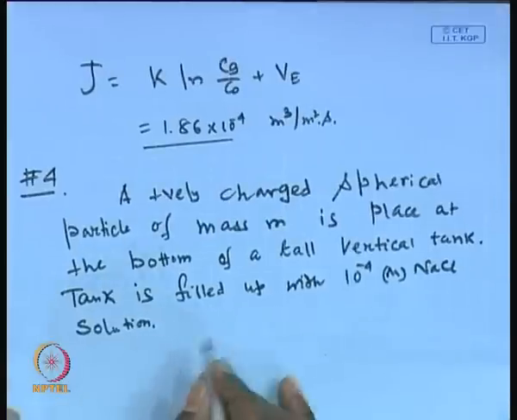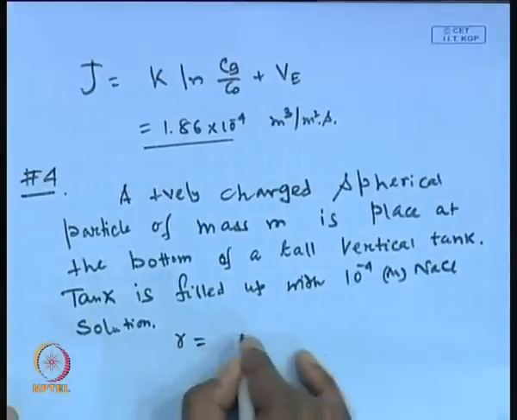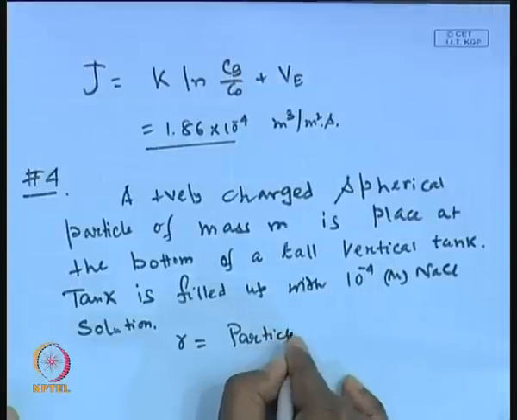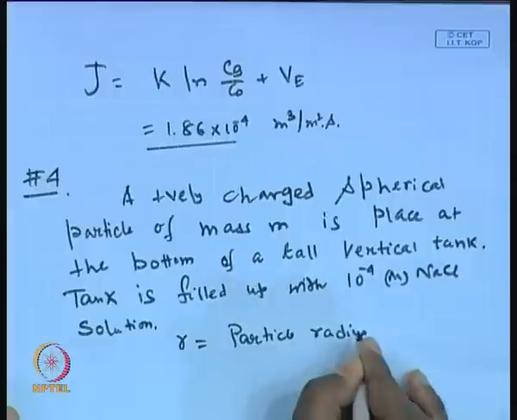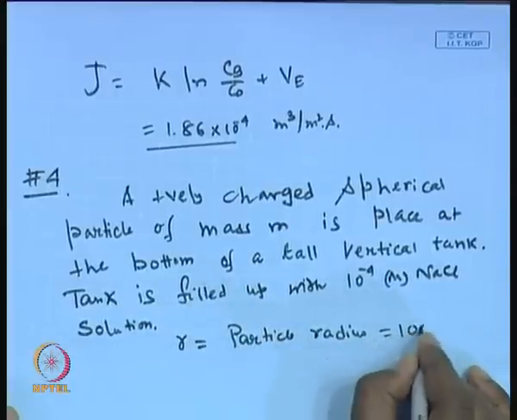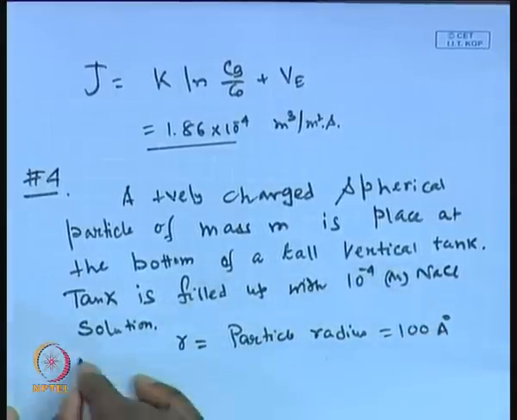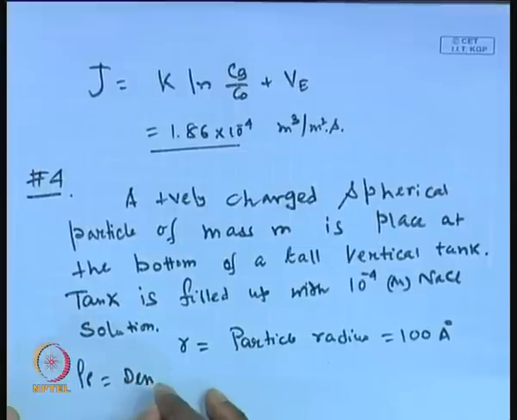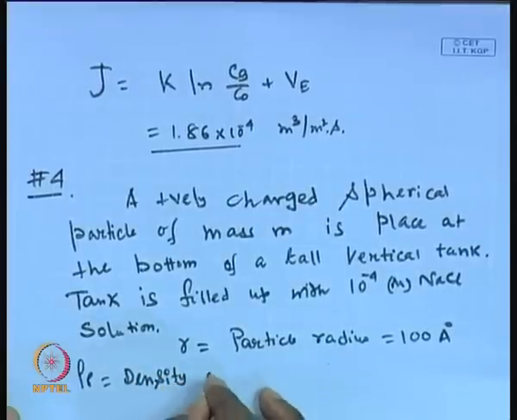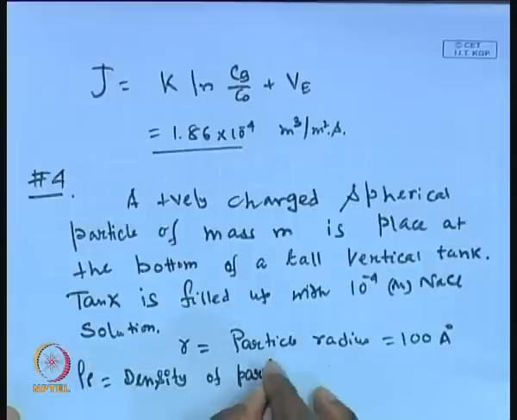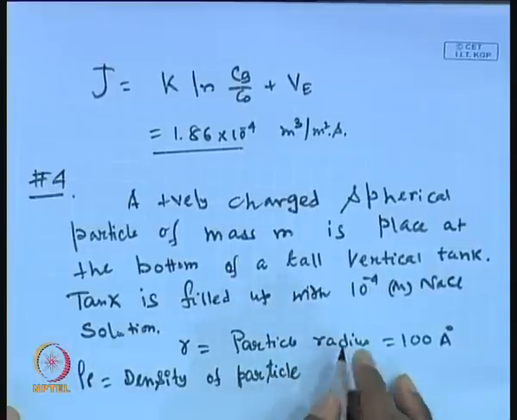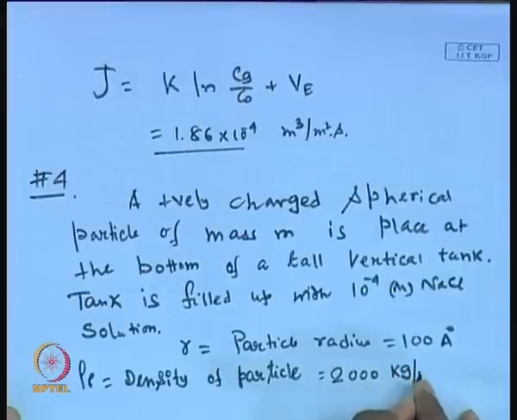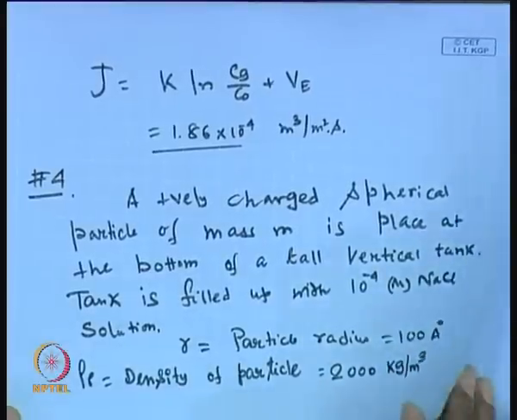The particle radius r is given as 100 angstrom. The density of the particle is given as 2000 kg per meter cube, and let us take the water density as 1000 kg per meter cube.